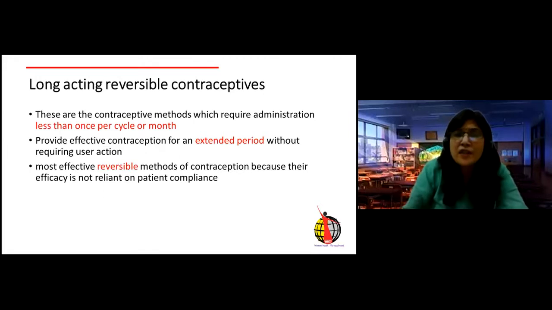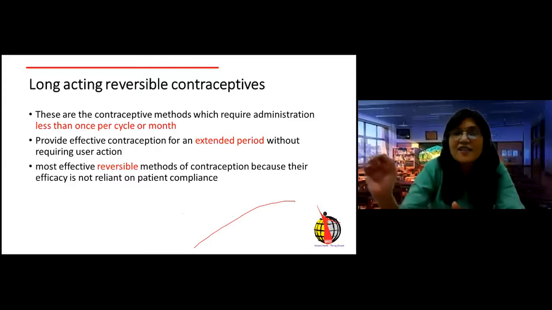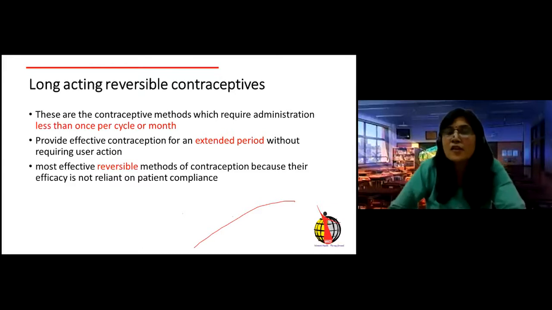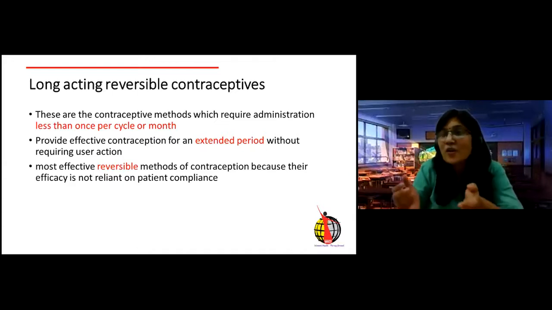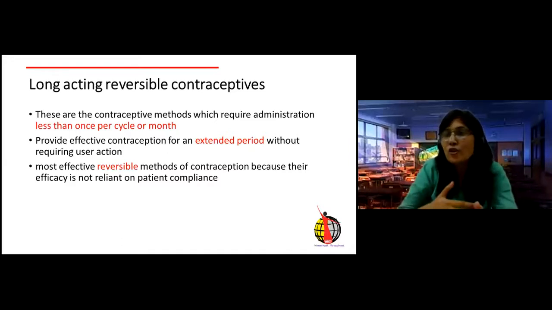And when we say reversible, it means that the efficacy... somebody is still writing on the screen, please don't do it. It is the most effective reversible method of contraception, because the efficacy is not reliant on patient compliance. Like in the oral pill, if the patient is not compliant, the failure rate is high, but not so in the case of a long-acting method.